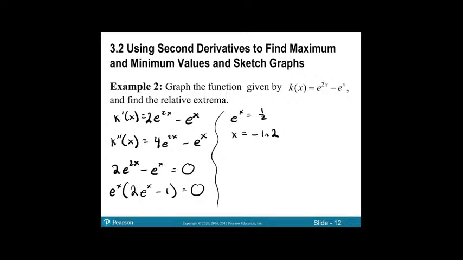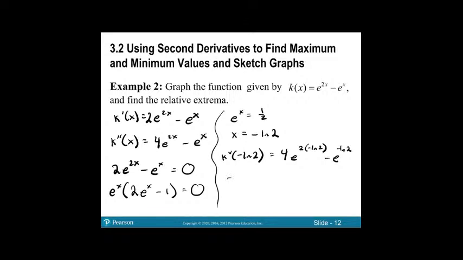So then if we look at k double prime of negative natural log of 2, this is going to be 4 times e to the power of 2 times negative natural log of 2, minus e to the power of negative natural log of 2. Okay. Let me see. Negative 2, so 2 to the power of negative 2. So that's 1 over 4, right? Let me rewrite this.